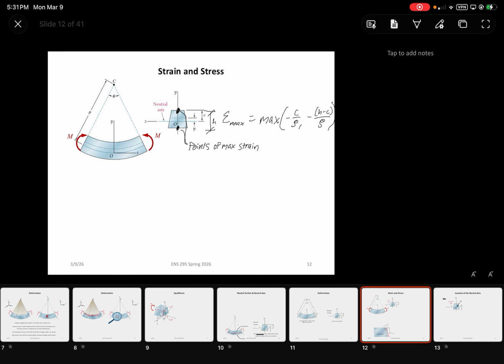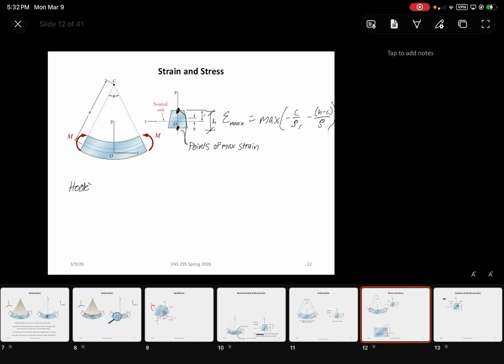Now with that in mind, we can relate this to calculating the stresses. What is stress equal to? P over A, but how is it related to strain? Strain times Young's modulus. Yeah, exactly. That's called Hooke's law.